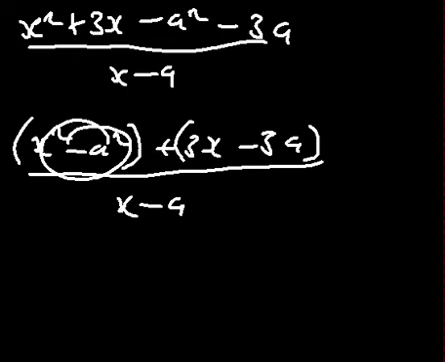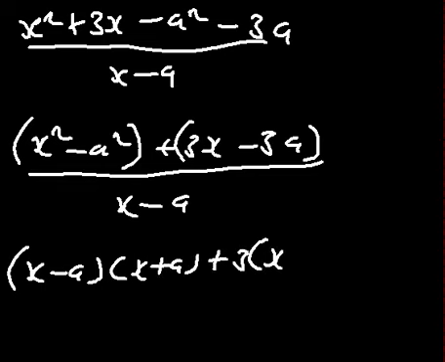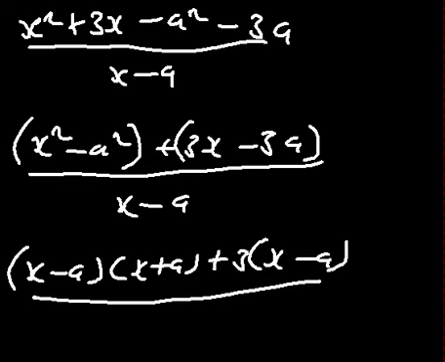I have to factorize this one and also this one as well. So we'll have x minus a times x plus a, plus 3 times x minus a, divided by x minus a.